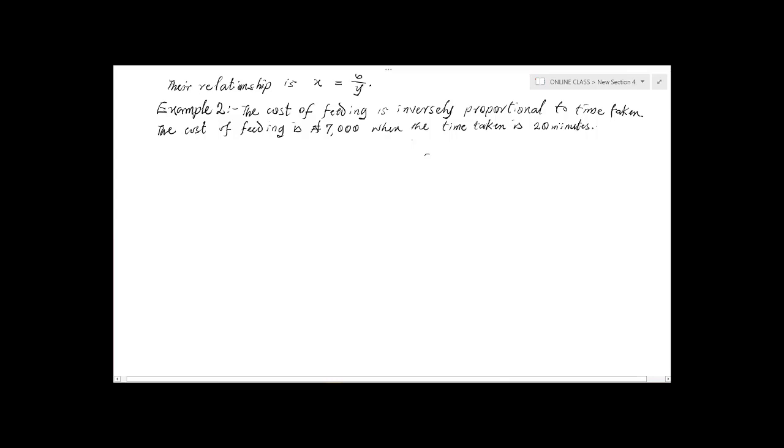Now, the first question, A: find the connecting formula for both cost of feeding and time taken.